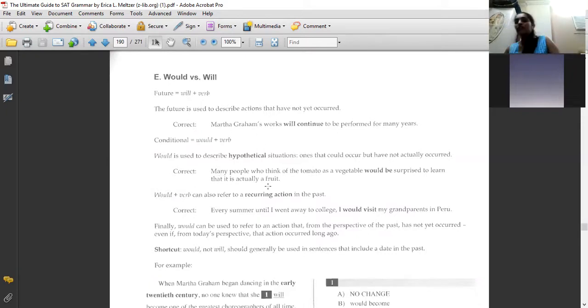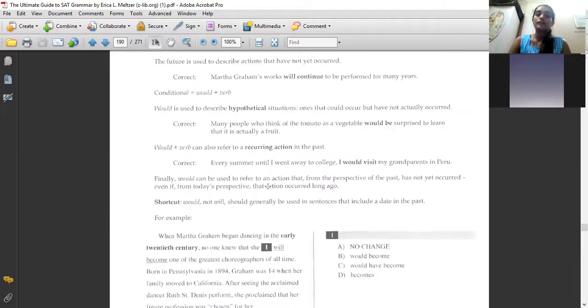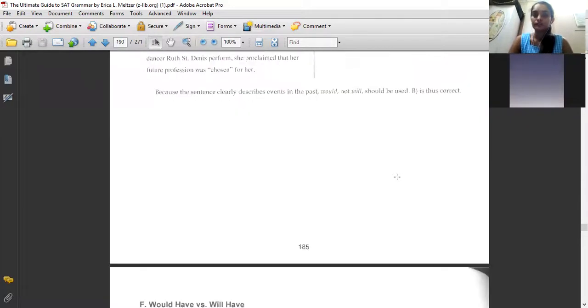If you think it's already a fruit, you won't be surprised, right? The other is a recurring action in the past, like "every summer until I went away to college, I would visit my grandparents in Peru." It's a recurring action because it happened year after year.